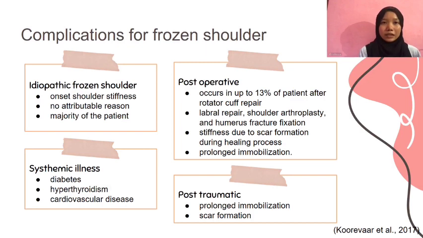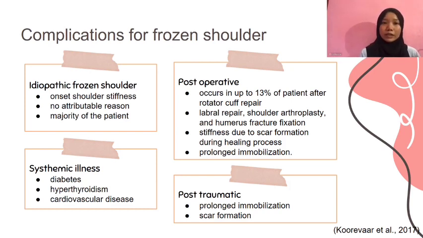Systemic illnesses such as diabetes, hyperthyroidism, cardiovascular disease, lung disease, and Parkinson's disease have all been associated with frozen shoulder syndrome. Diabetes has the most notable association, and frozen shoulders may occur in 15% of diabetic patients, particularly those who have been on insulin treatment for greater than 10 years.